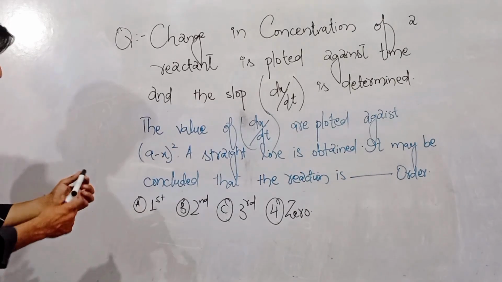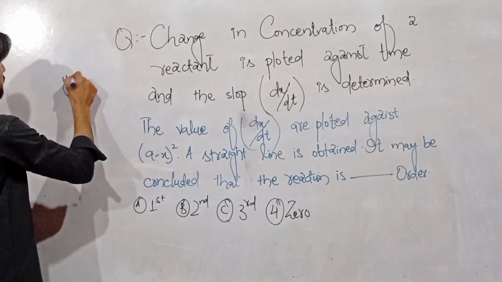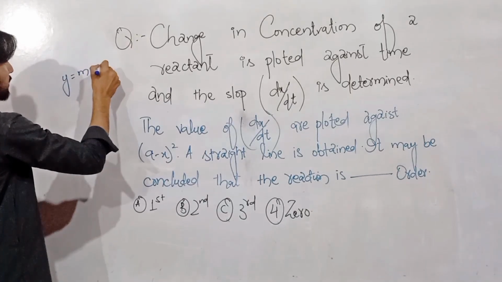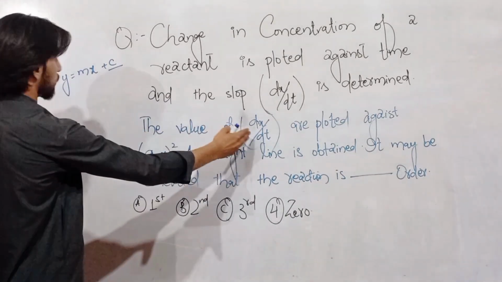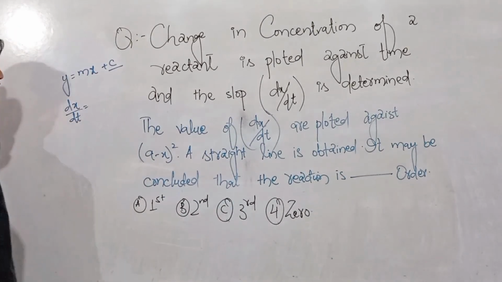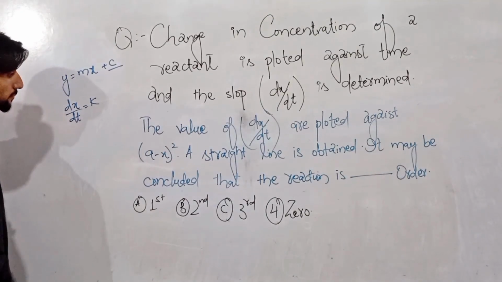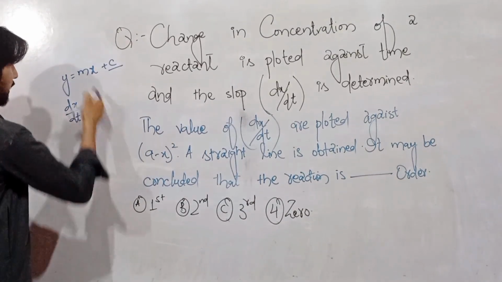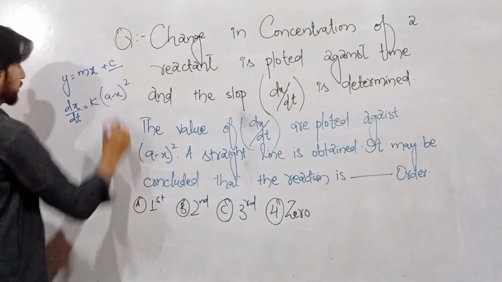So for a straight line, we must have y equal to mx plus c. We know that in this case y is dx over dt, m is equal to k, and x is the remaining concentration, (a minus x) squared.